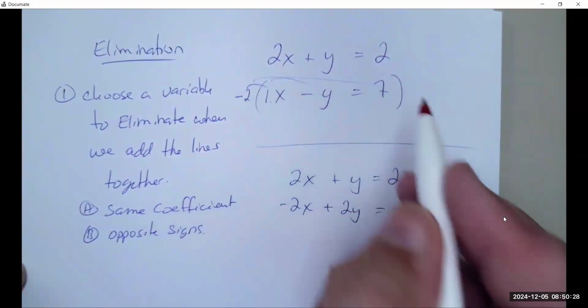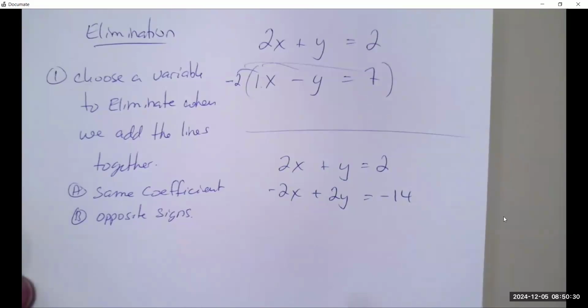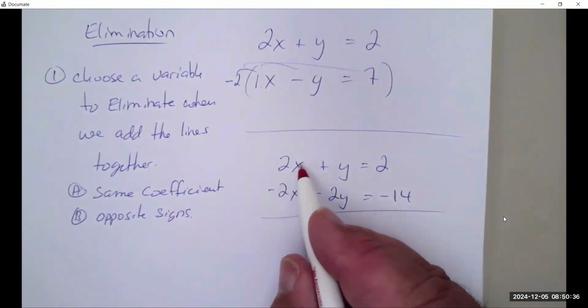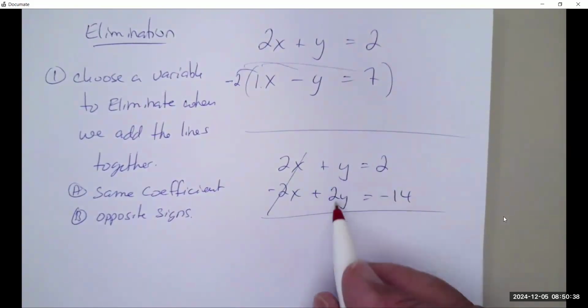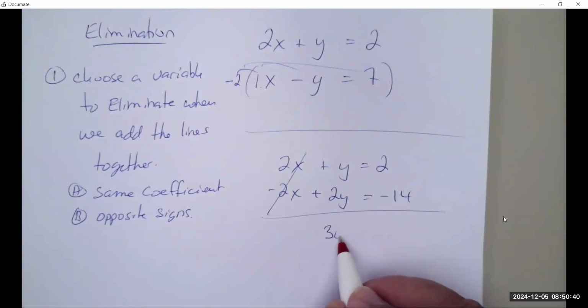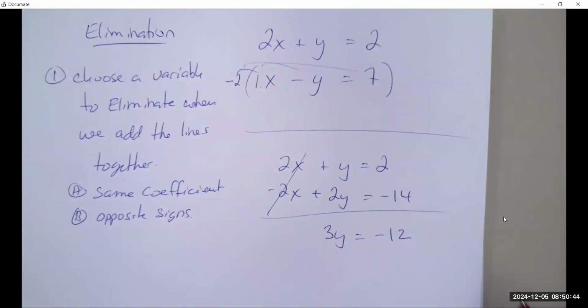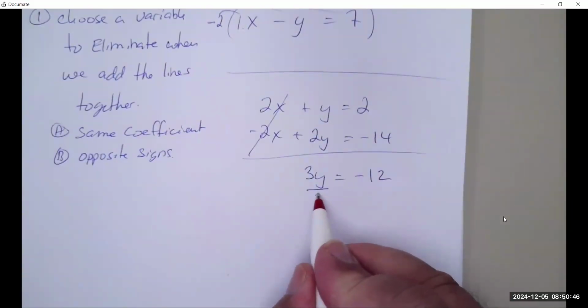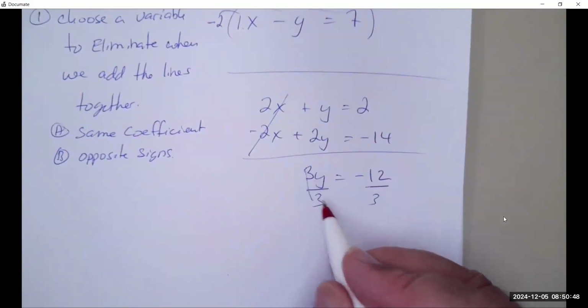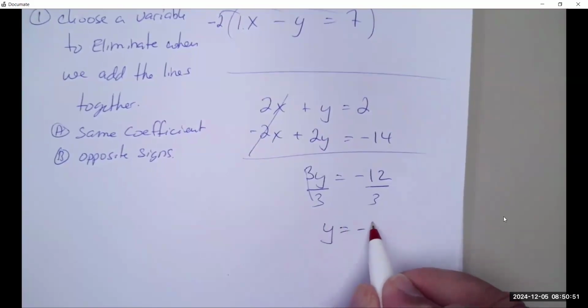Make sure you distribute to everybody. Add the two lines together. The x's cancel. 2y plus y is 3y. -14 plus 2 is -12. So y equals -4.